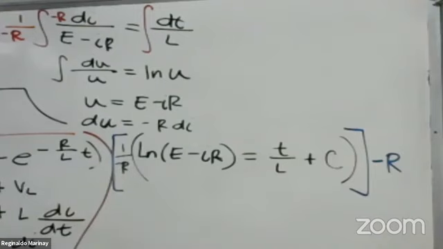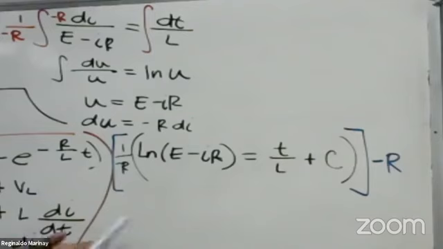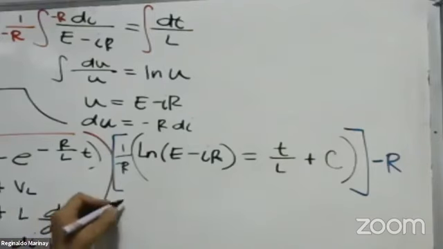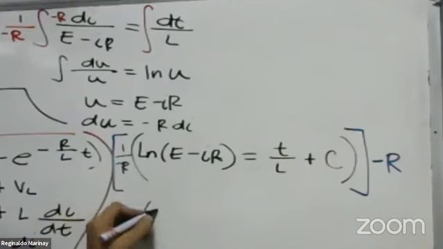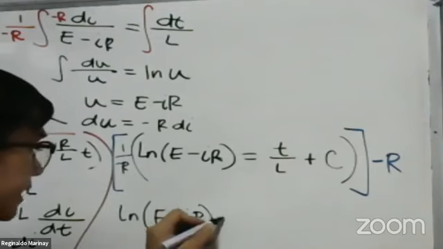I hope you are copying also what's on the board. We have negative R here. Of course, this will cancel out. What will be left here is our ln of E minus IR. So that is equal to what, guys?